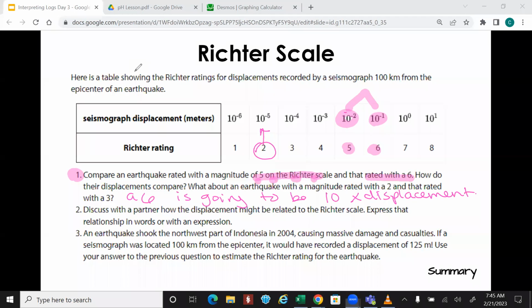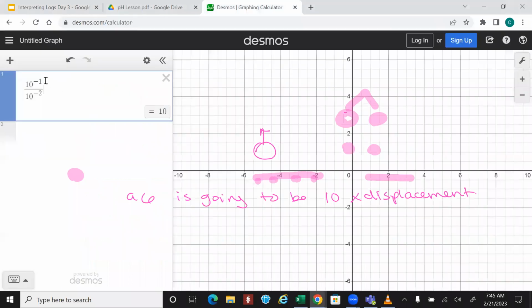But when we actually plug this in, we have negative 5 and then negative 2, right? So how big of a difference is that going to be? Look at the board, I'm telling you. 1,000, right?